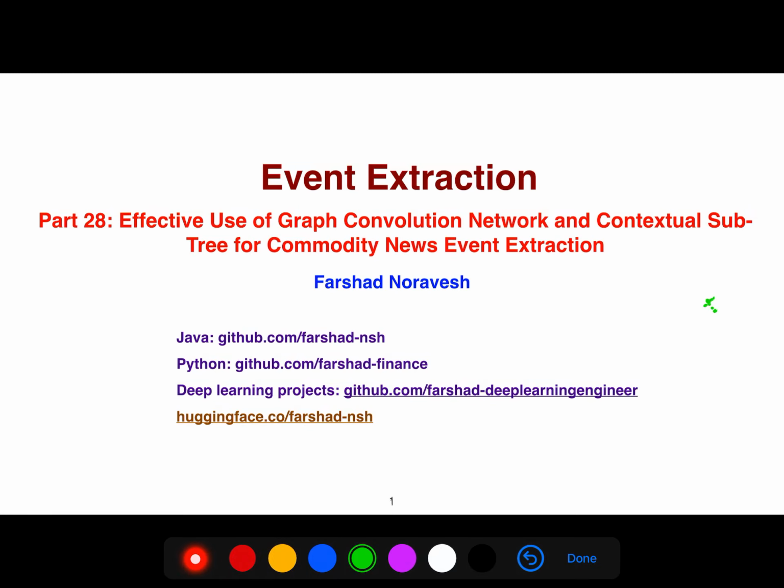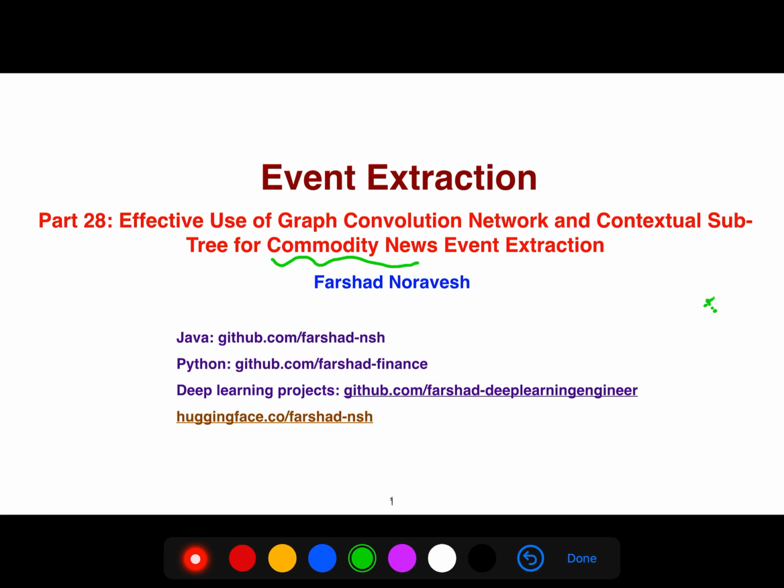Alright, so in this video I'm going to be talking about another approach for event extraction, but the domain is just commodity news, and we are using a graph convolutional network. Because if you write the dependency parse, it's like an adjacency matrix.